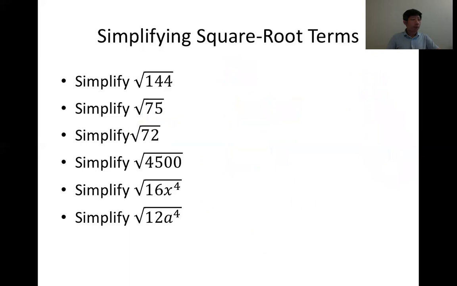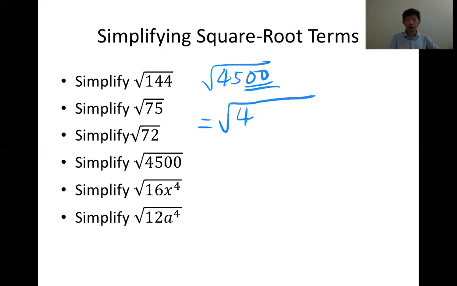Now, square root of 4,500, all right? So what about this one? Square root of 4,500. This one catches my eye. I can think 45 times 100, right? And 100, you can change 100 as what? You can change 100 as 10 times 10, right?